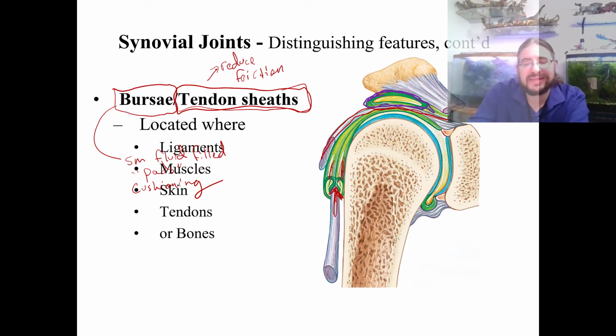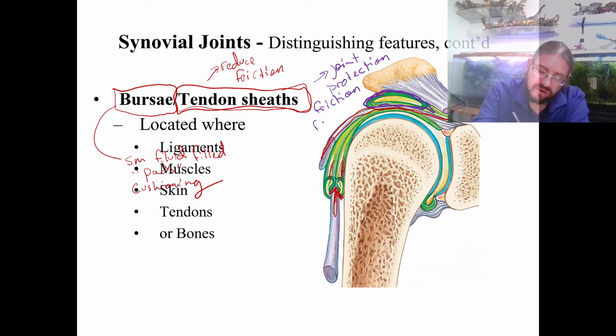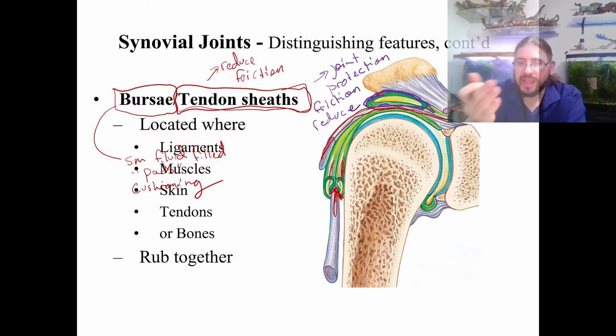Bursae can be present between muscles and joints, between ligaments and joints. And then you have the tendon sheaths. So all of this is for joint protection and friction reduction. So not too terrible. Anywhere things rub together, you have bursae and tendon sheaths.